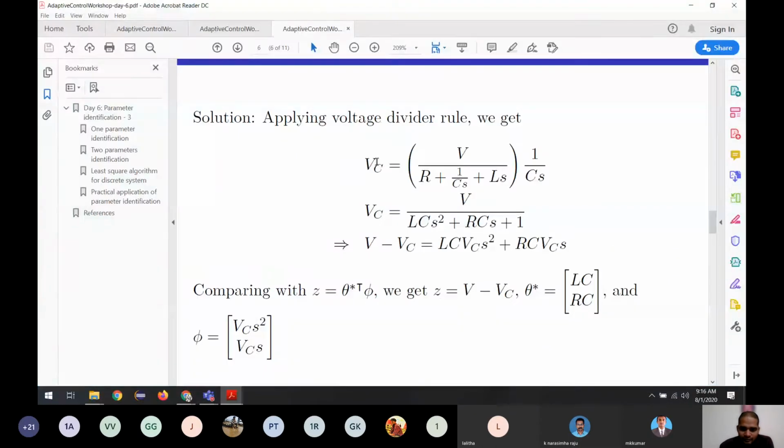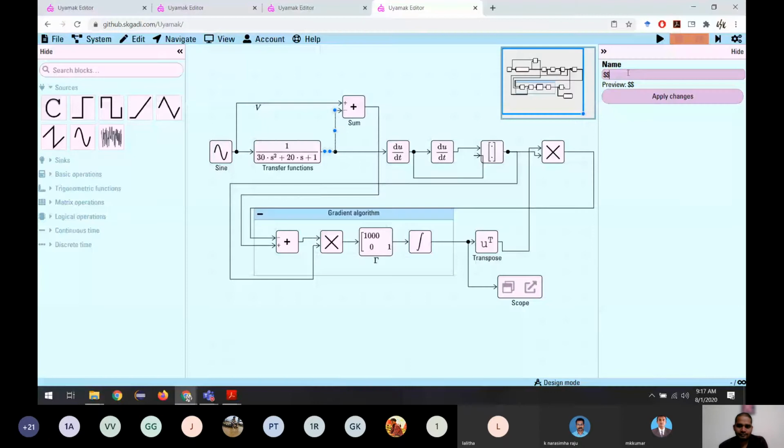VC is a second order system. The input is V, and the output is VC. And this is a second order system.